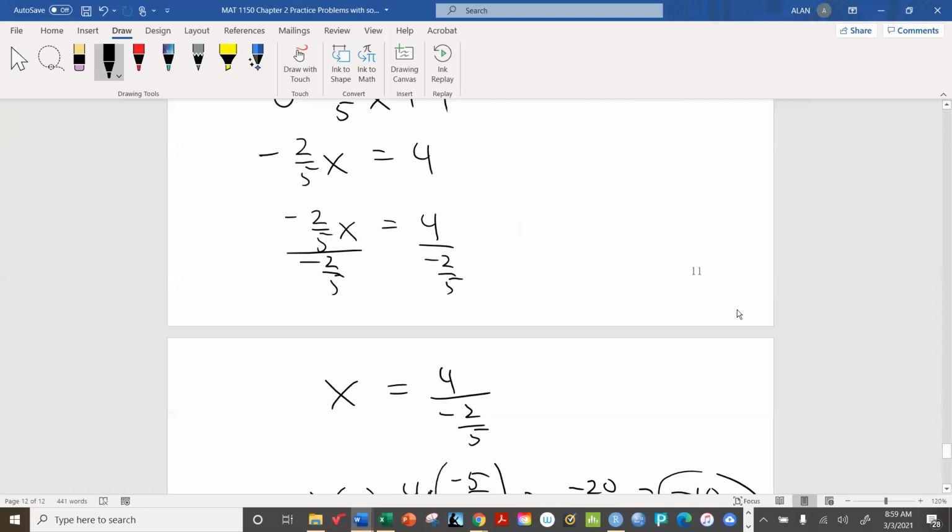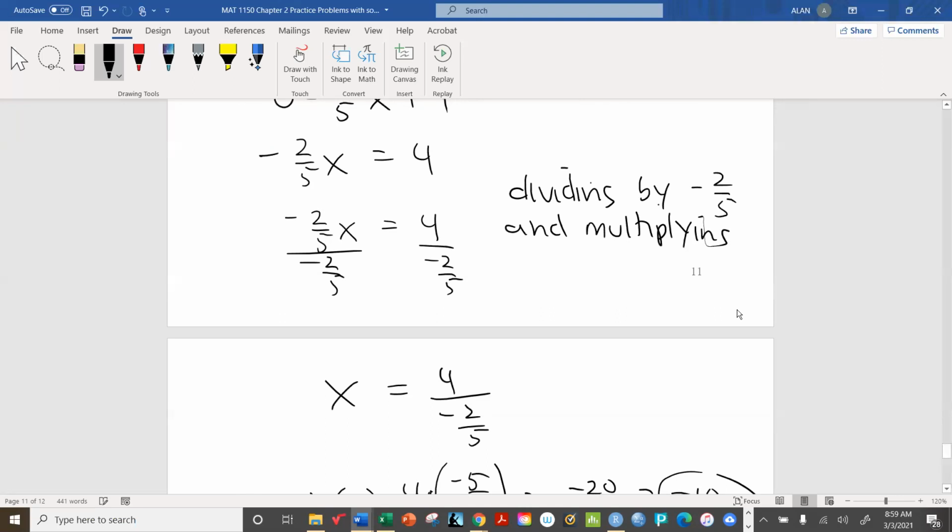So dividing by negative 2/5 and multiplying, as you quite correctly pointed out, by its inverse, which is minus 5/2, give the same result.